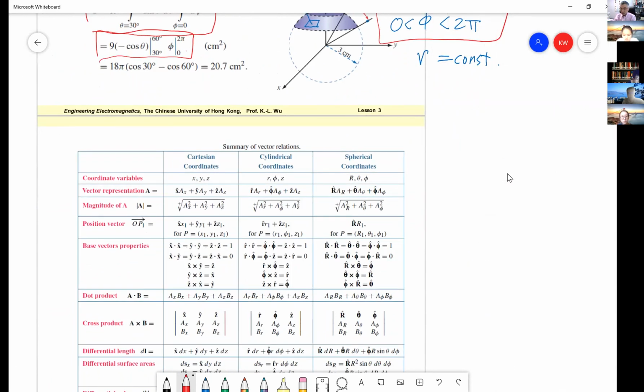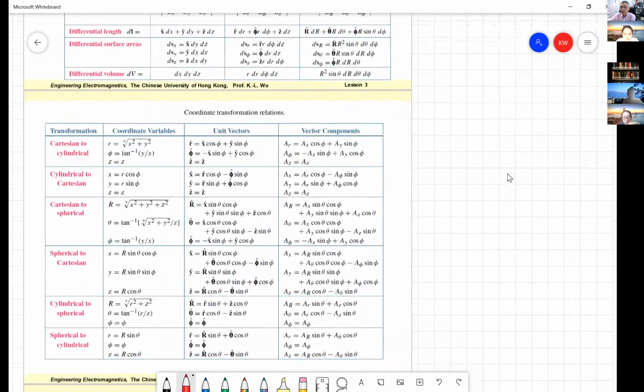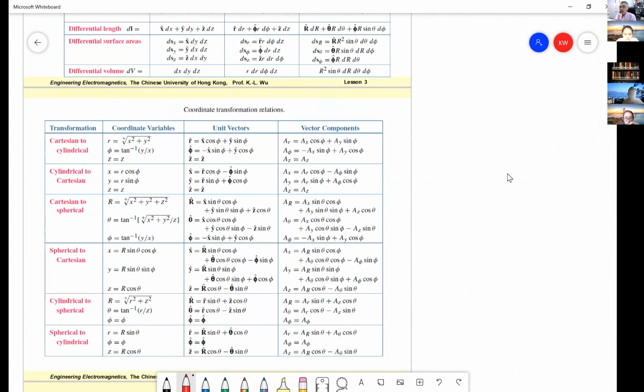And at least, next are the dictionaries we can use to convert from one coordinate system to another. This is from Cartesian to cylindrical and cylindrical to Cartesian.